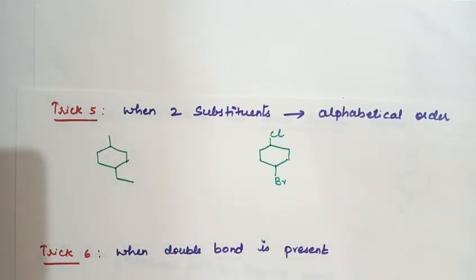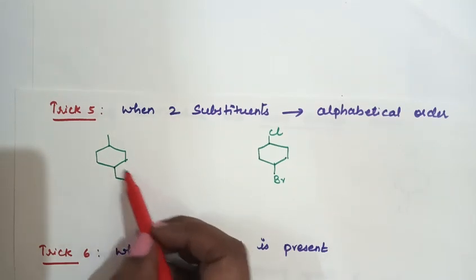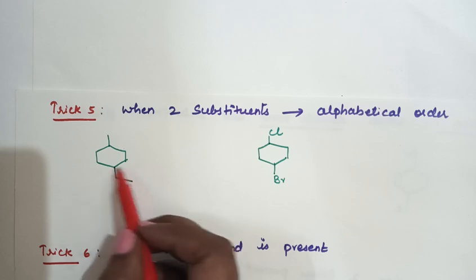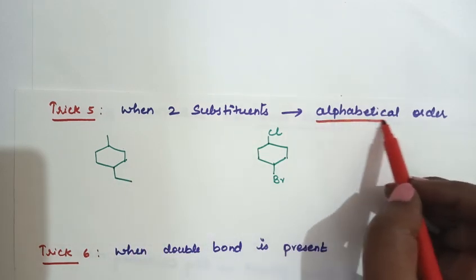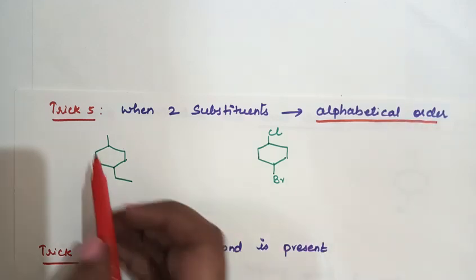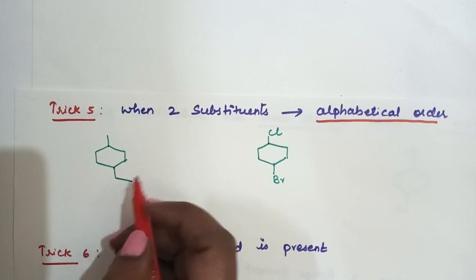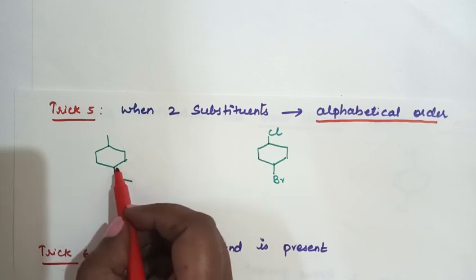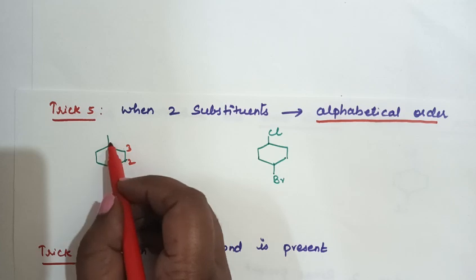So what you have to do is start numbering in such a way that the substituent which comes first in alphabetical order should be named first. So it should be named in alphabetical order. This is methyl, this is ethyl. E comes first. Therefore start numbering from here 1, 2, 3, 4.